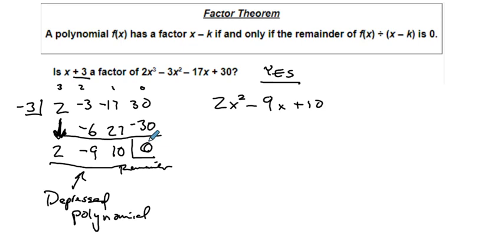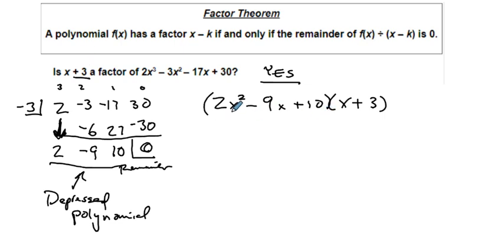A couple new terms are being thrown at you here, but nothing complicated. They call this a depressed polynomial. When we write this out, that means this is a partially factored form of the original: if this is a factor of it, this is your depressed polynomial, what you get as a result.